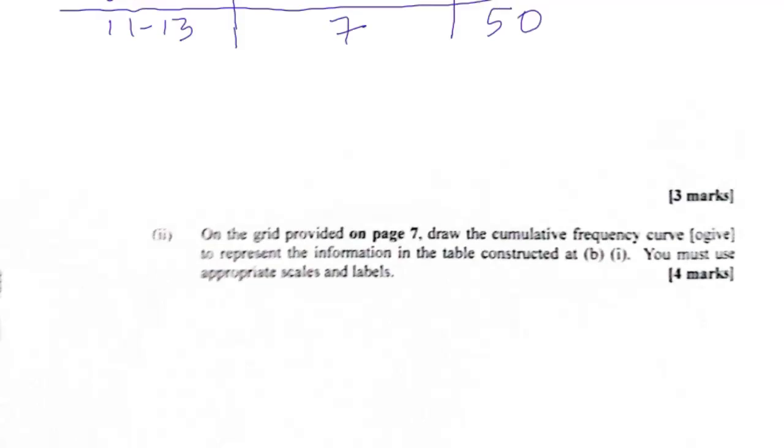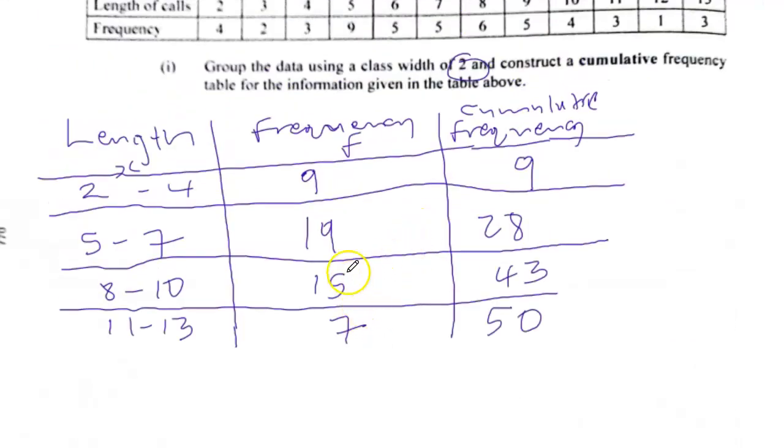Next, on the grid provided on page 7, draw the cumulative frequency curve to represent the information in the table constructed. At B part 1, you must use appropriate scales and labels. So this is our table. We're going to draw a cumulative frequency curve from this data in the table. So notice the length ranges from 2 to 13. The cumulative frequency goes up to 50.